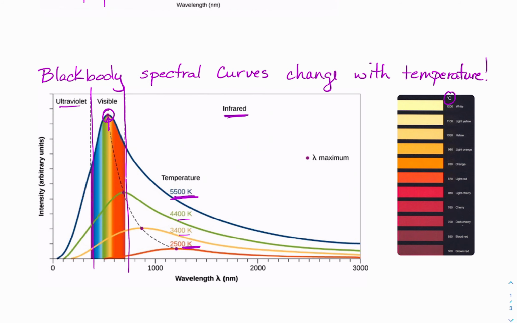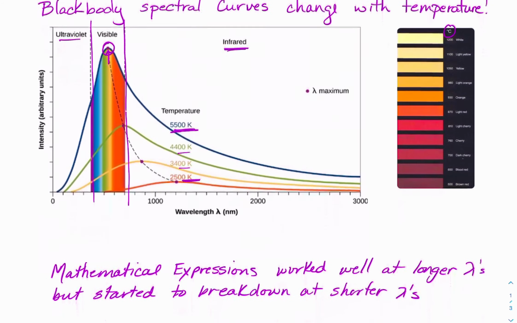Now, we know that mathematical expressions were worked on and turned out to explain why longer wavelengths showed experimentally what we saw when we heated substances, metals, black bodies, at particular temperatures.